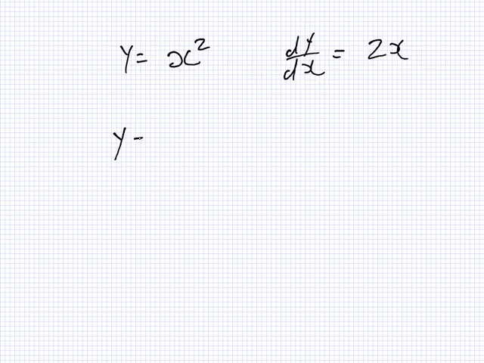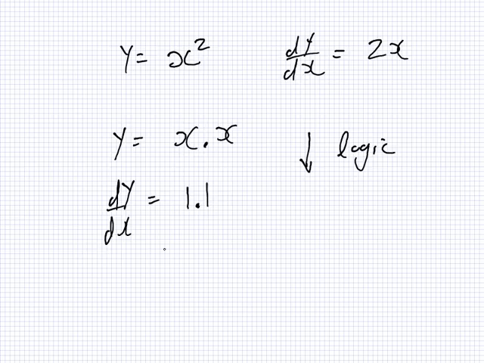If I change y into x times x, and if I use my logic that I had a moment ago, then the derivative would become 1 times 1, which is 1, which is definitely not 2x, which is wrong. So, because I've shown it's wrong in one example, then I've shown it's not the rule. So, for maths, it's difficult to prove something is true, but it's easy to prove something is wrong. To prove something is wrong, you just need one example. So here's the one example that proves my logic from earlier is wrong.